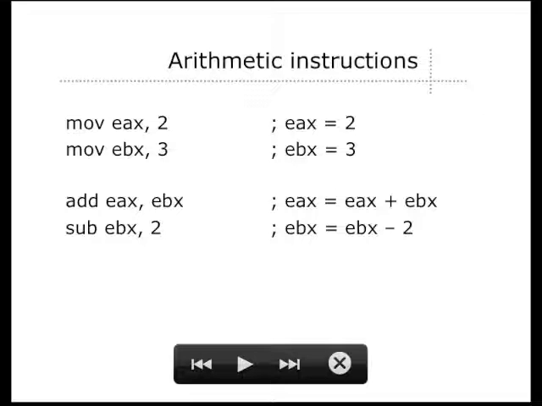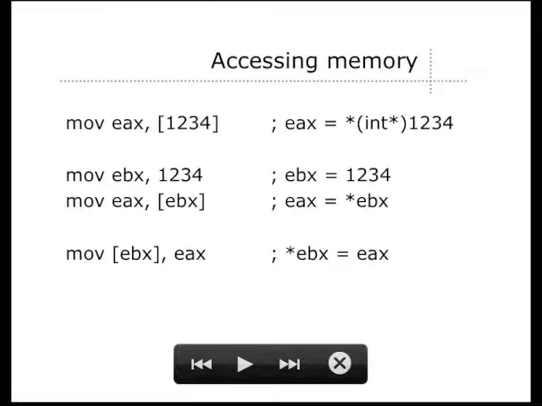Notice that when you add them together, there's only 2 arguments to the add instruction, EAX and EBX. This is because the first argument serves both as an argument to the addition and also the destination where the result is stored. So this is basically equivalent to a plus equals operator from C. And then at the bottom there you have a sub instruction that just subtracts an integer from the register.